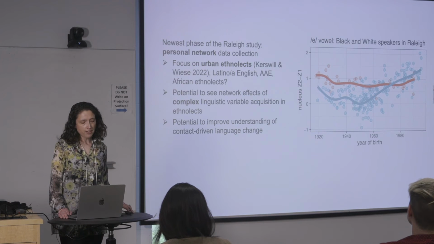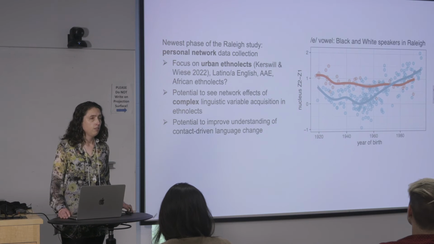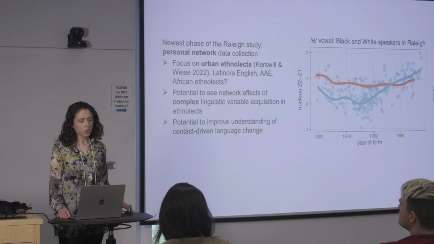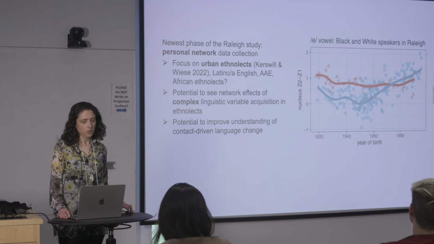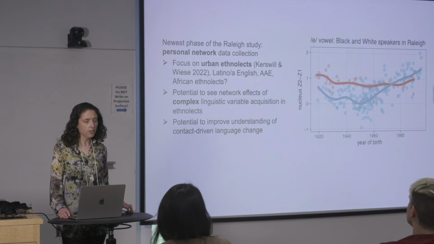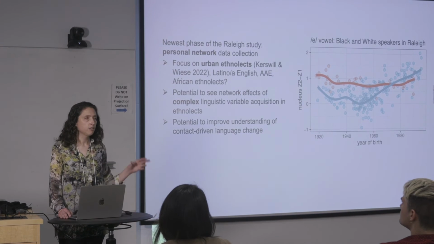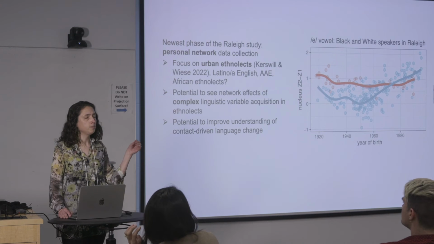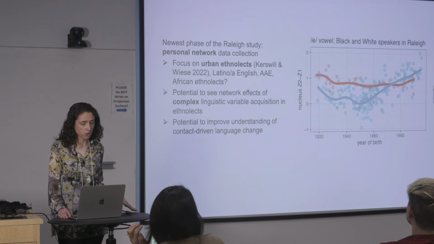The newest phase of the Raleigh study, which has just started this year, involves ego network data. I'm looking especially at urban ethnolects. So there's Latino English, African American English, and African ethnolects, from people whose parents were from Nigeria or Somalia especially.